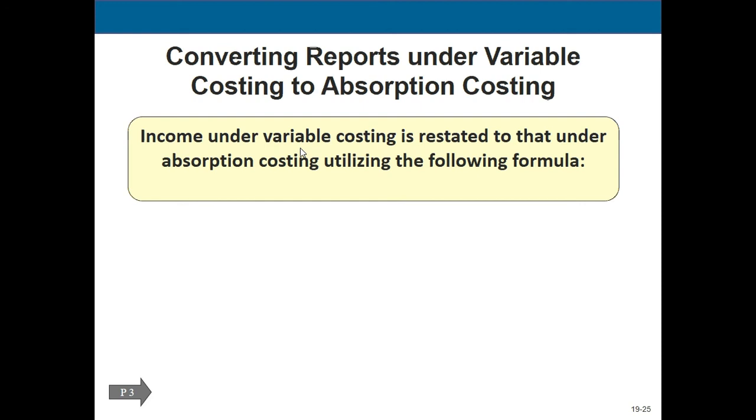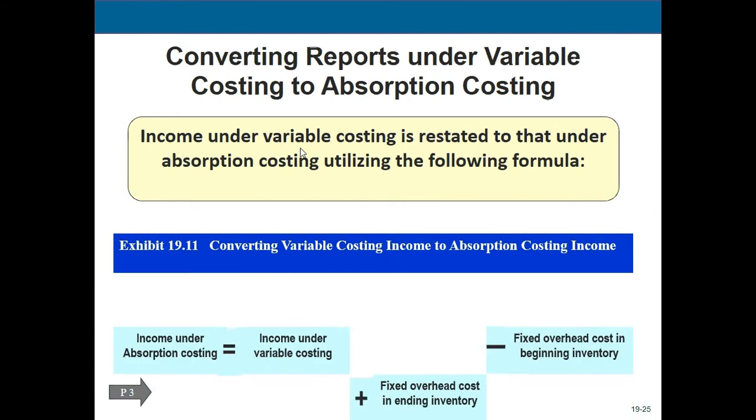If we're going to be performing variable costing on a regular basis, because we need to use it to evaluate something that we haven't discussed yet, at some point you're going to have to convert that variable cost number over to absorption costing. The reason is because generally accepted accounting principles for your financial statements and for the IRS want you to use absorption costing. So if you use variable costing normally, you've got to get it back over to absorption costing.